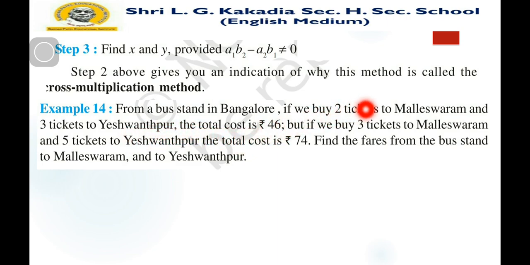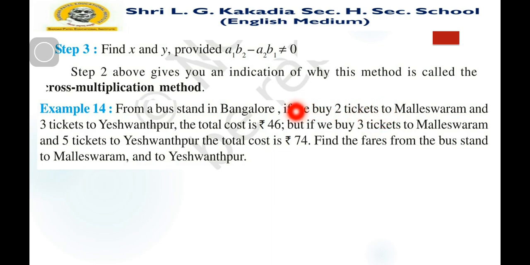So we want to find the cost of 1 ticket for Malleshwaram and the cost of 1 ticket for Yeshwantpur. But if we buy 3 tickets to Malleshwaram and 5 tickets to Yeshwantpur, then the total cost is 74.